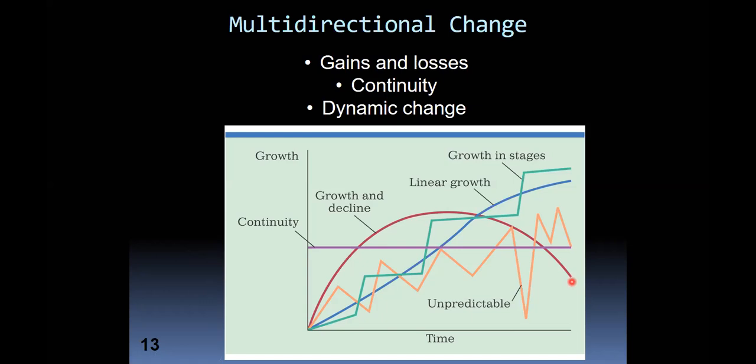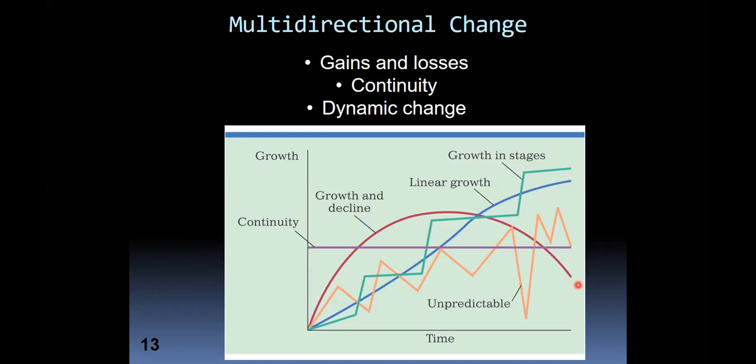But even then, I've got to expect that at some point I'm going to have some losses there. Think of other things, growth and decline, like memory ability. That continues to improve until you get into your late 20s and so on, and then begins to decrease somewhat, although probably not as much as a lot of people think.